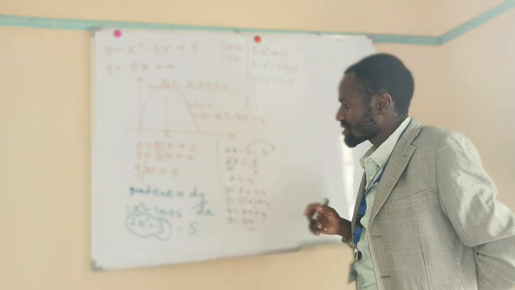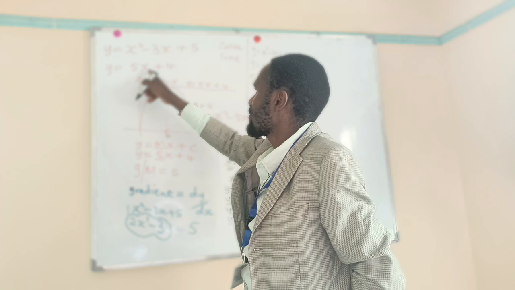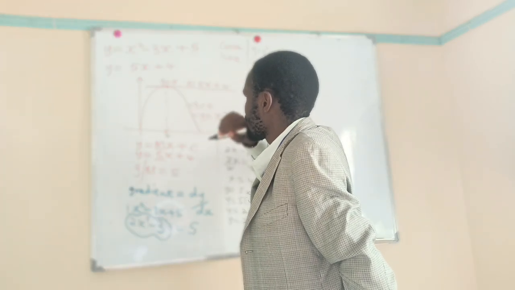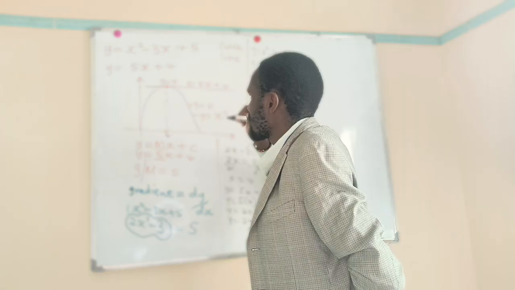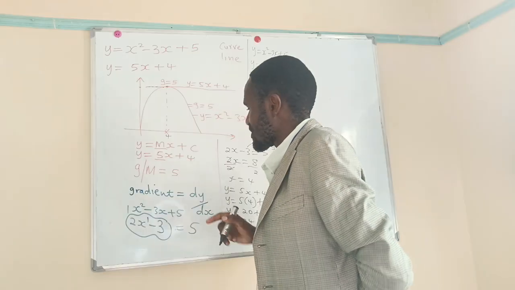So if you get back to this, we have said that the equation of the line is y equals 5x plus 4, and that the gradient is 5. If the gradient is 5, then at the same time the gradient of that curve is 5.